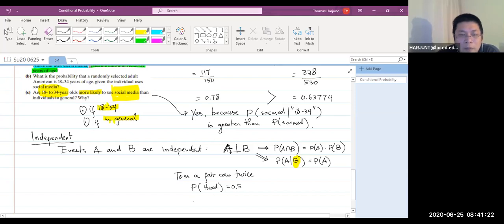What is the probability that the next time you toss it, you get a head, knowing that previously you got a tail? That's still the same, right? Because when you toss the same coin the second time, it has nothing to do with the outcome you had prior to that. Knowing that the previous outcome is tail doesn't tell you anything about what will happen next.